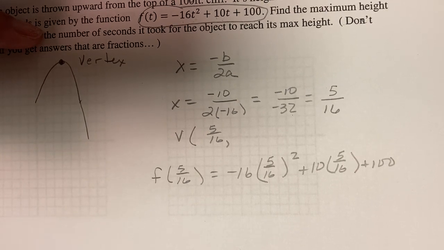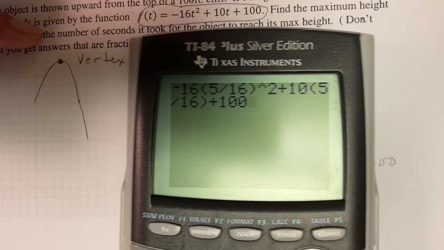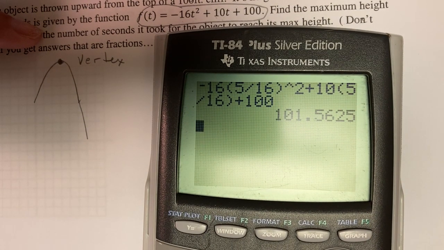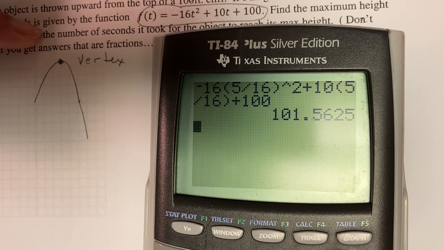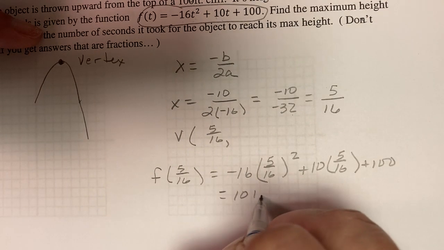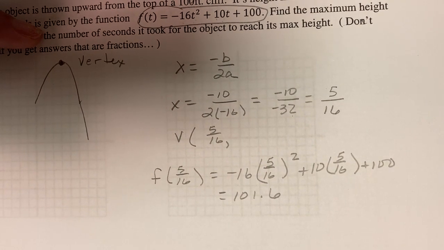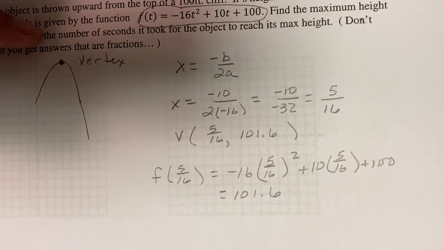So negative 16 times 5 divided by 16 squared plus 10 times 5 divided by 16 plus 100. So I just plugged it into my calculator, and I get about 101, let's say 0.6. So that would be the y of my vertex.